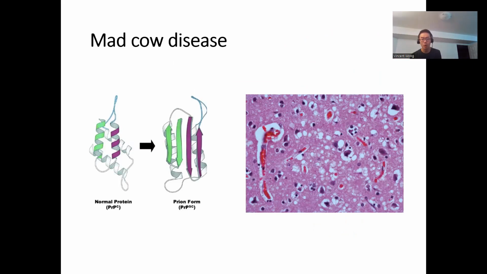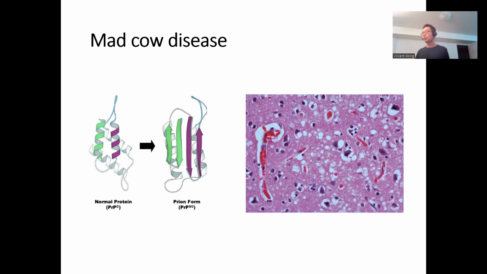Okay. So mad cow disease. Do you guys know mad cow disease? How do you catch mad cow disease, huh? Anybody know? Okay, food, yeah, food is one way to catch it. Eating contaminated beef, right? Okay, so for those of you who don't know, mad cow disease, as the name suggests, comes from cow, right?